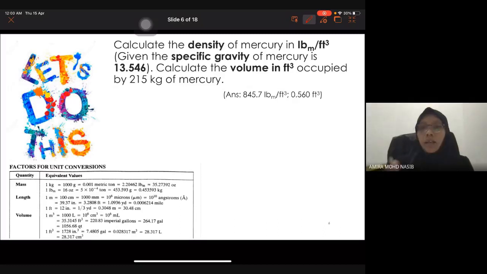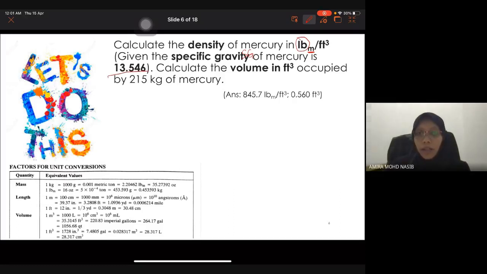Okay, we go to a short example. Calculate the density of mercury in pound mass over feet cube. You want the density of mercury in a certain unit, pound mass over feet cube, where the information the question gives is the specific gravity of mercury is 13.546.